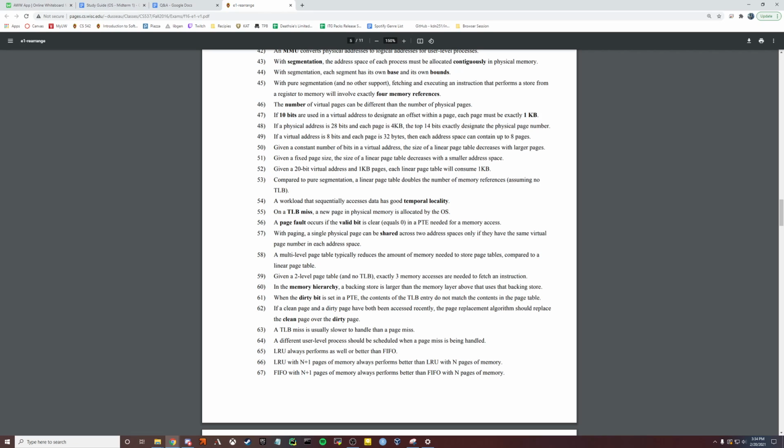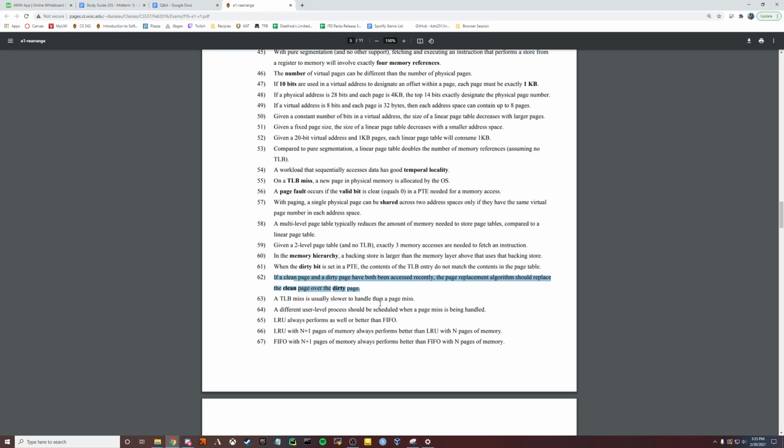The wording on this is a little weird in my opinion. If it's saying that it should replace the dirty page with the clean page, I think that's true. I think it's asking if it should replace the clean page instead of the dirty page. Okay. Oh, wait, hang on.